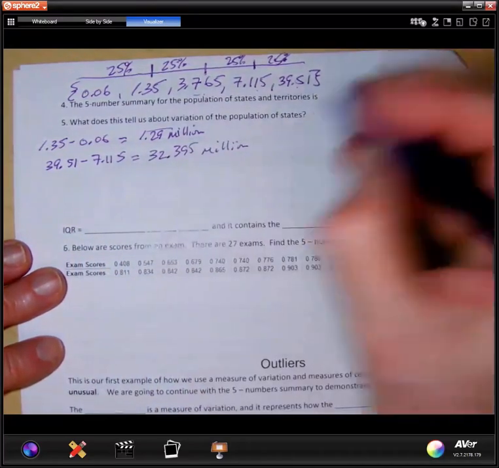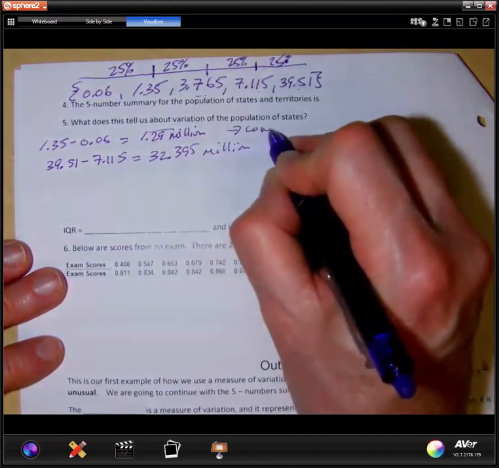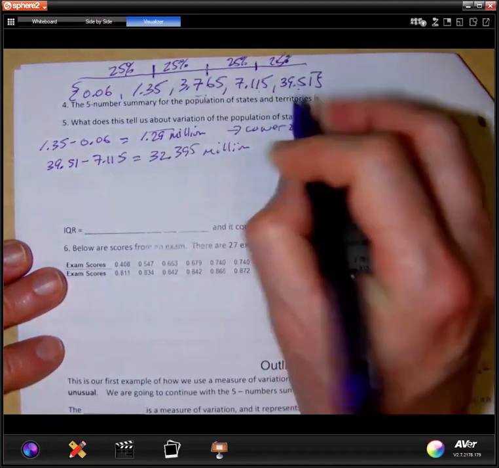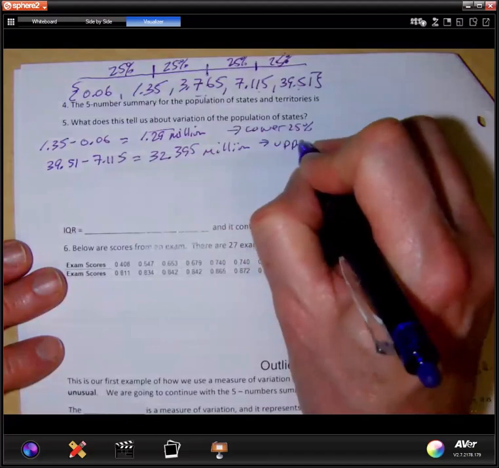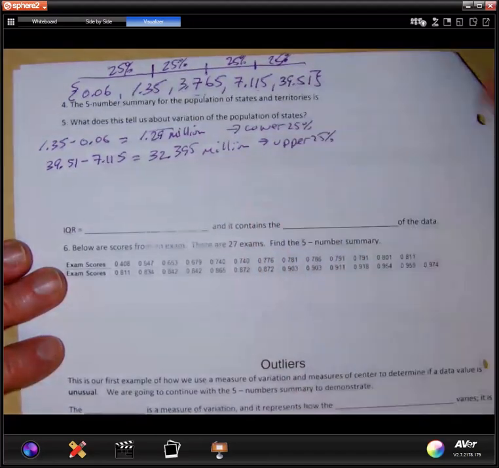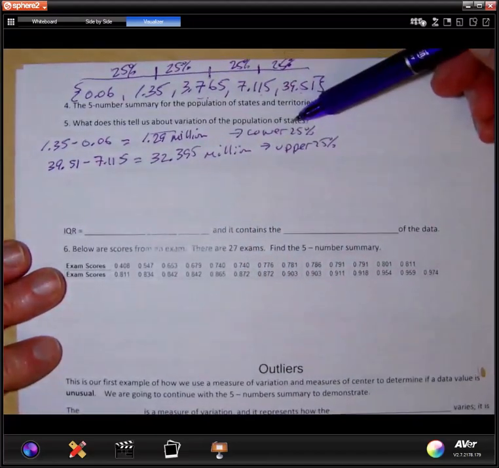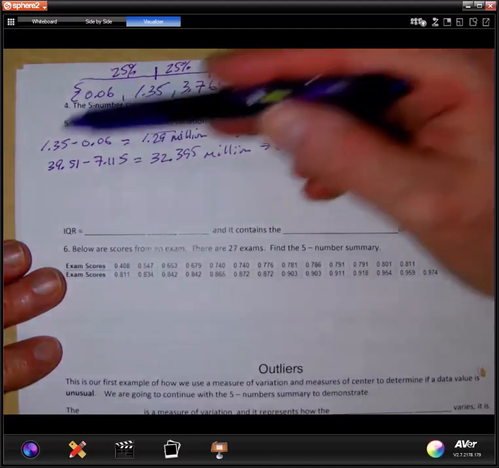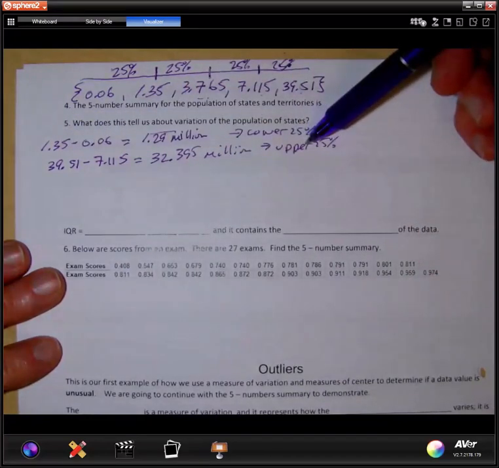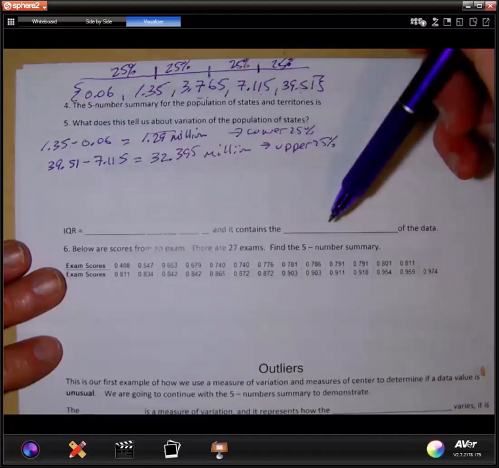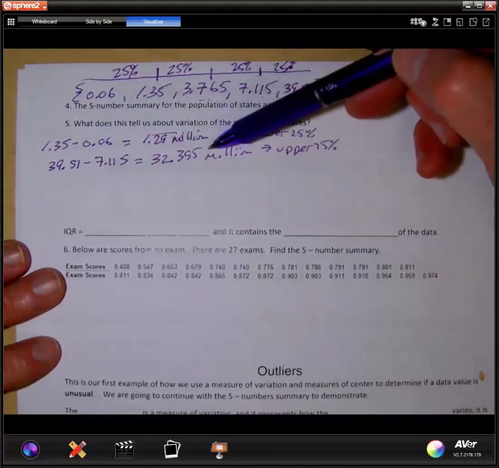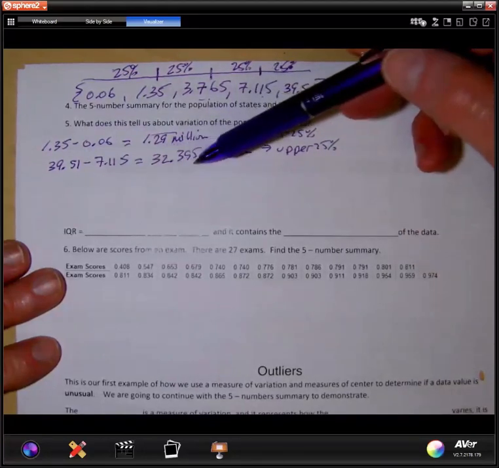So basically I'm looking at the lower 25% and comparing it to the upper 25%, meaning 25% of data is in this range right here, and 25% of data is in this range right here. So what I notice is that the upper 25% has a lot of spread.